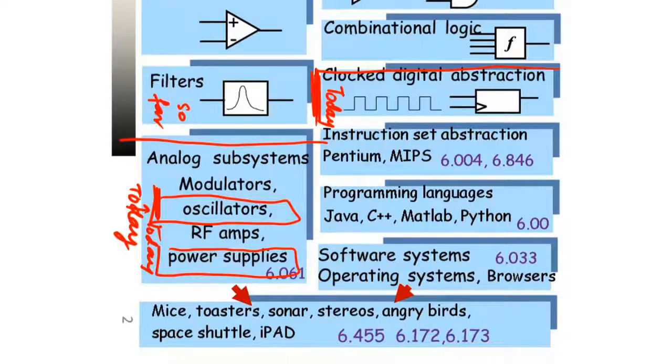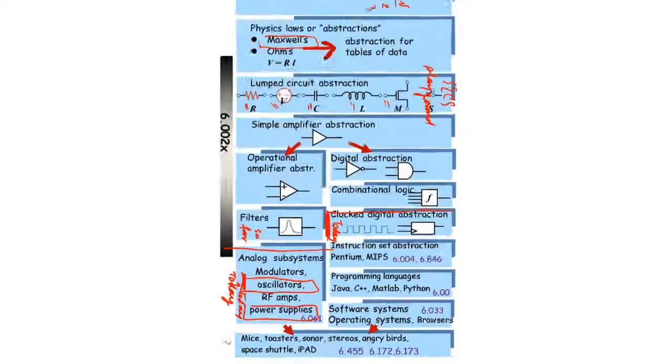There are other courses that you will see as well, such as 6033X, which has to do with building systems. There'll be many other courses such as 6455X, 6172X, 6173X that relate to building various aspects of systems, and I look forward to seeing you there for each of these courses.